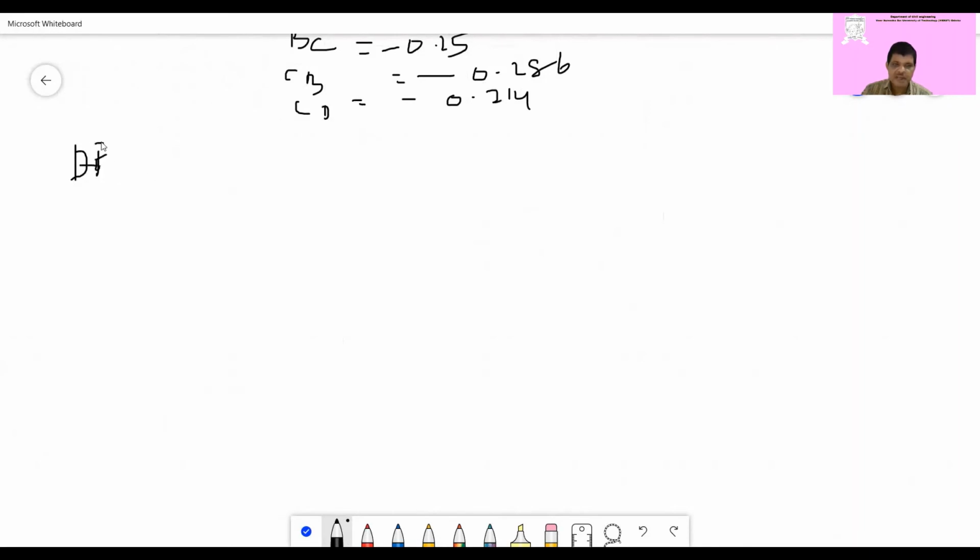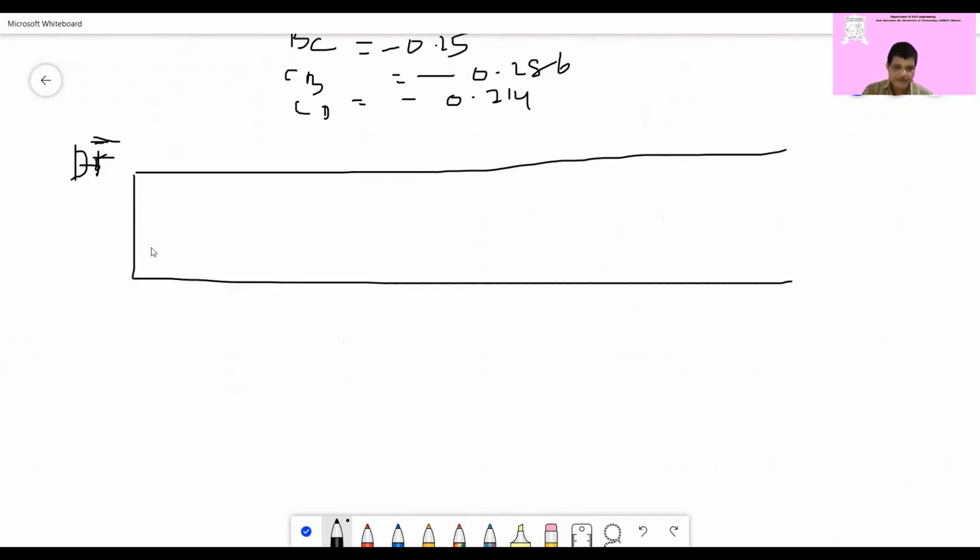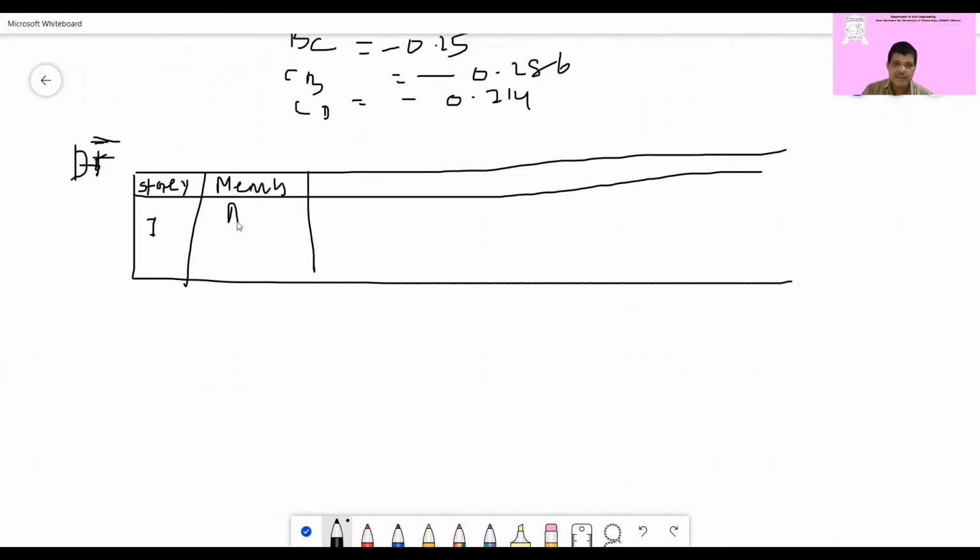For the displacement factor, what will we do? We have only one story here, not a multi-story frame. So story 1, the first story. Then the members are AB and DC, those two column members.